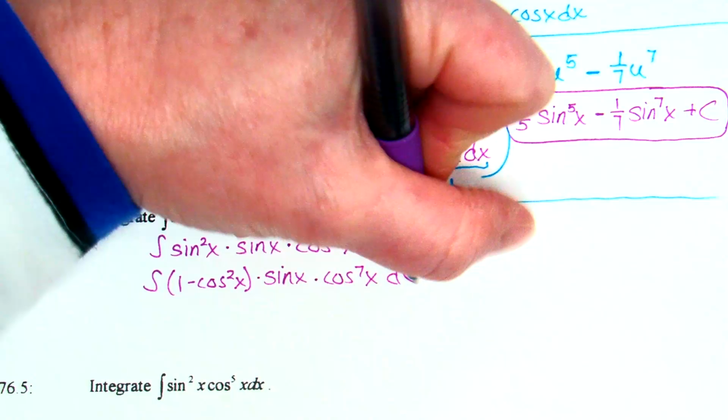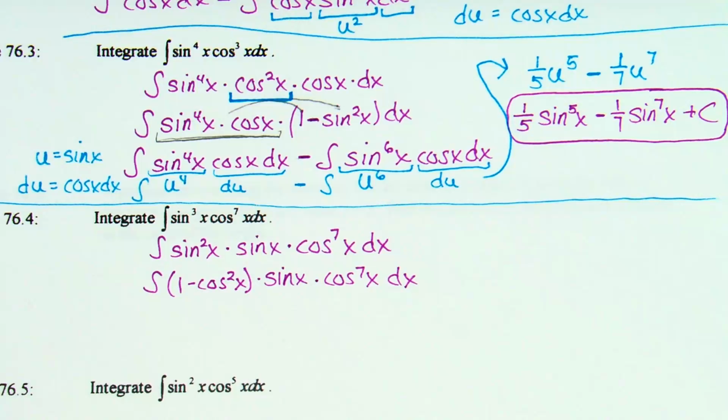Should I distribute and then separate integrals this time? I'm hesitant to. So realize, what is it I'm distributing this time? Sine x cosine to the 7th x is what's being distributed.